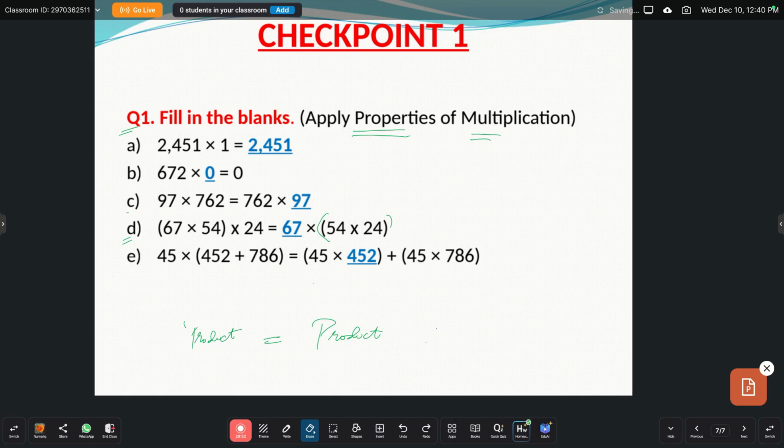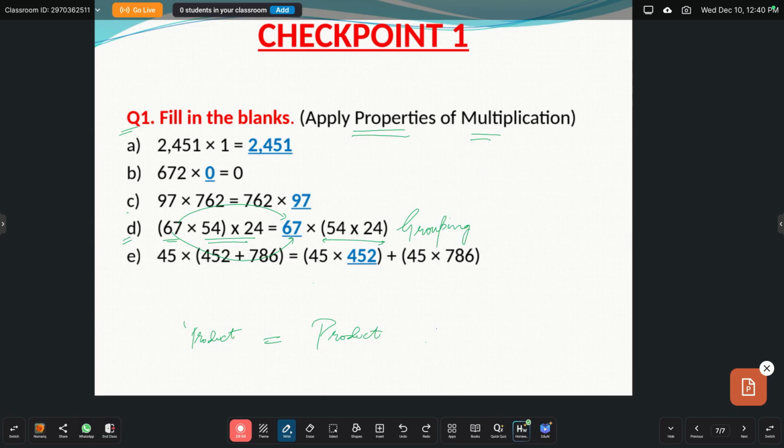In the another case, we will keep our first number as it is and now these two numbers have been grouped together and these two numbers have been multiplied first. So the number that will come here is 67, and this is the case of grouping property.